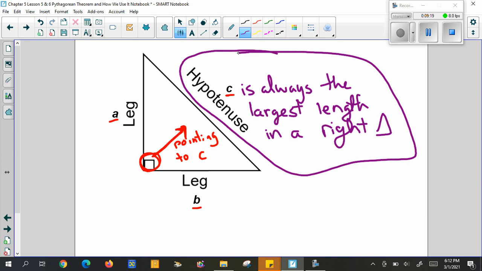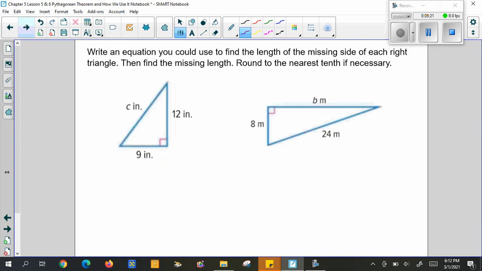Let's actually put this to use. So the first type of question I want to talk about states, write an equation you could use to find the length of the missing side of each right triangle.